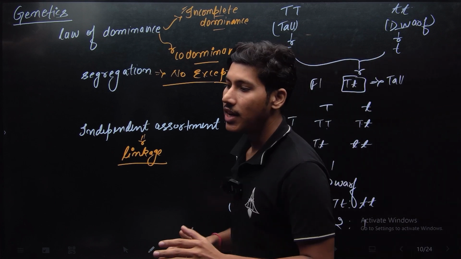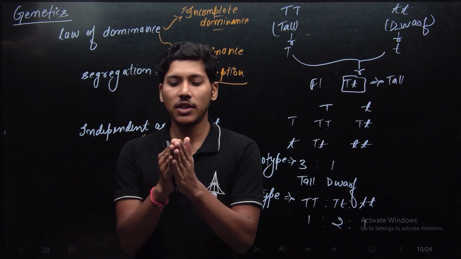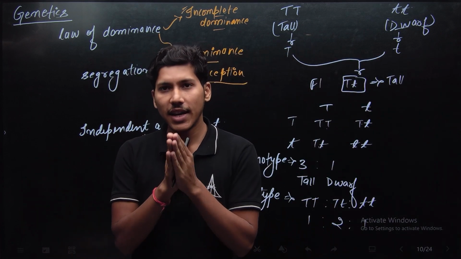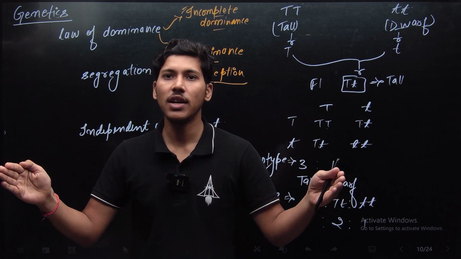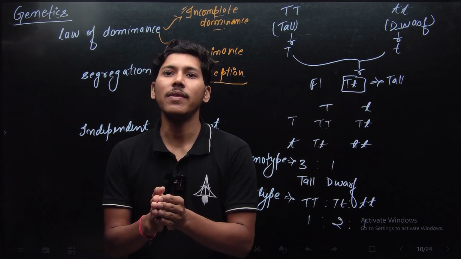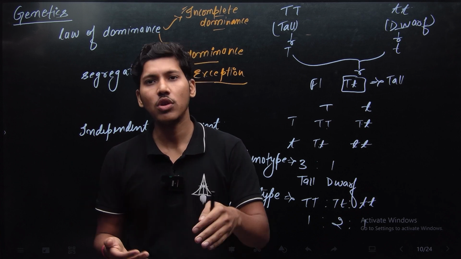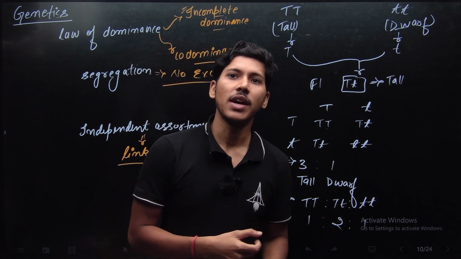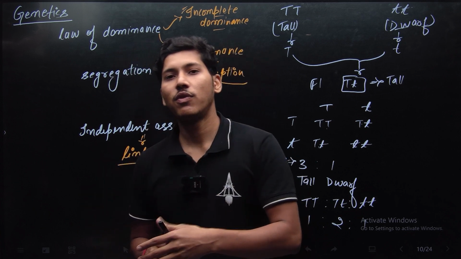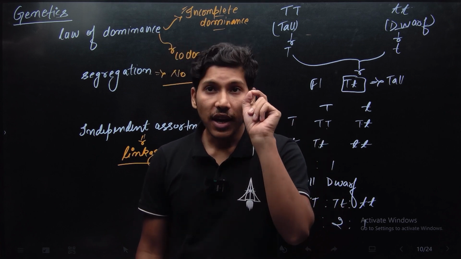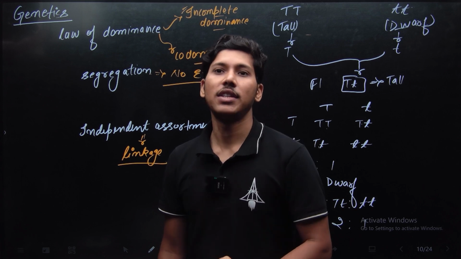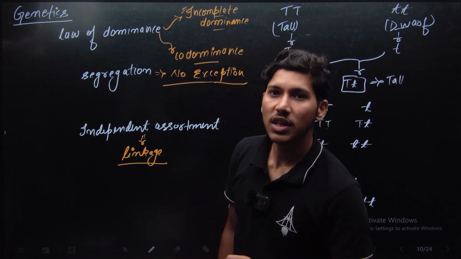It says that during gamete formation, the alleles of the two traits segregate from each other and they combine again during the formation of the zygote or a new progeny. Okay? So even if one of the traits is not expressing, the alleles of those traits are still present in the genotype of those individuals.